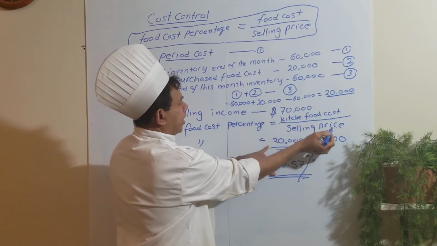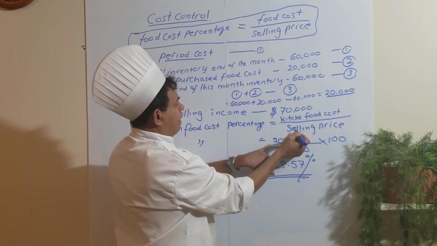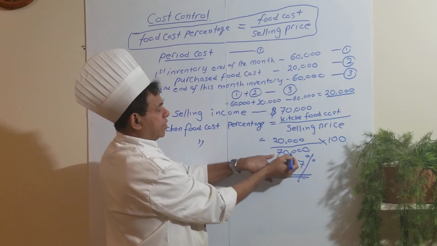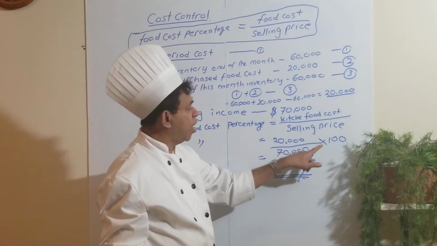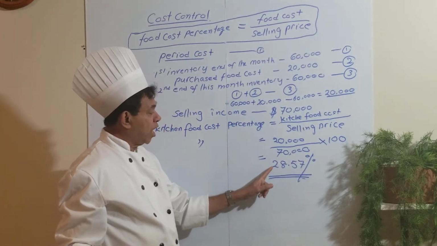Then it came 20,000 here. That 20,000 divided by selling price, accounts department gave me selling price is 70,000. Then I divided, it is called percentage, therefore you have to multiply by 100.